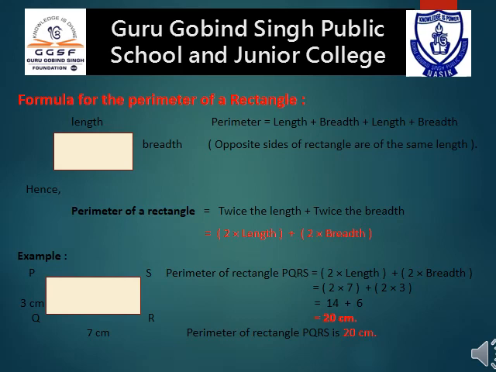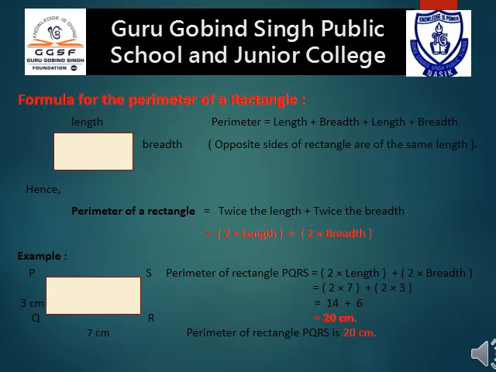As we know that opposite sides of a rectangle are of the same length, hence, perimeter of a rectangle is equal to twice the length plus twice the breadth. Means 2 multiplied by length plus 2 multiplied by breadth. So this is the formula for the perimeter of a rectangle.